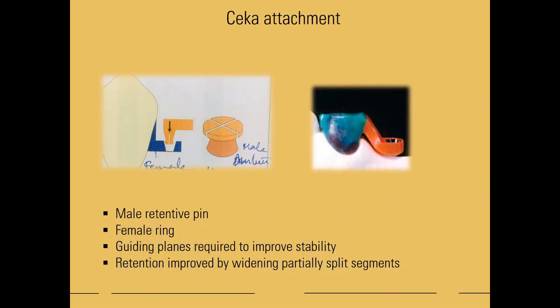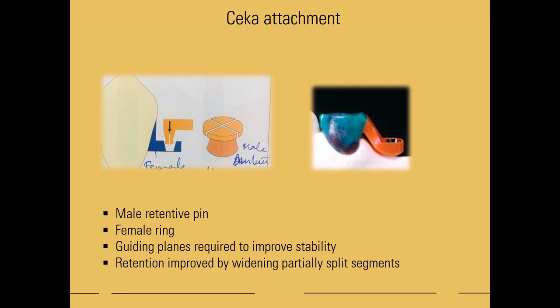Next is the Zika attachment, which is a very popular extracoronal attachment that is used in all conditions. So here the male retentive pin is attached to the denture and the female ring is attached to the abutment teeth. So you can see that. So this is the female ring and the male retentive pin.